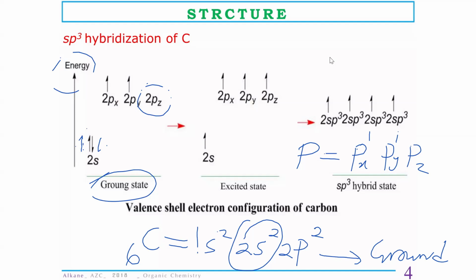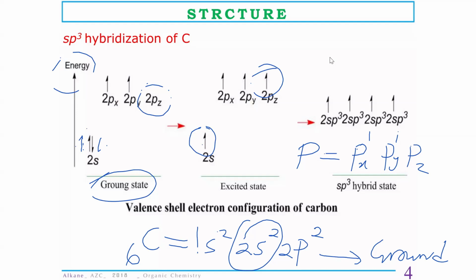You see here we have 2s but only 1 electron here, and 1 of the electrons from this 2s has now jumped to pz. So it means that we have 2s1, then 2px1, 2py1, and then 2pz1. So in the excited state, 1 electron from 2s is jumped from this 2s to 2p.